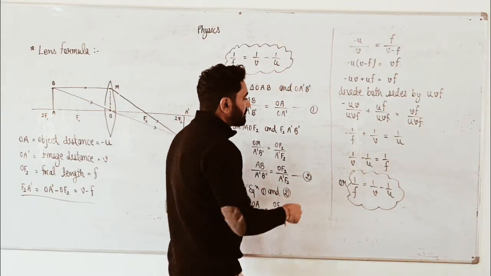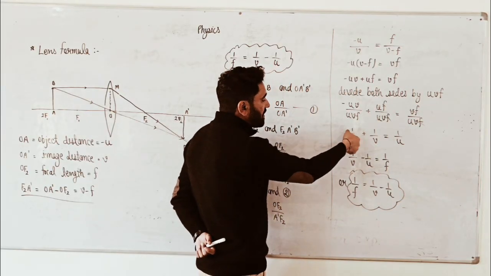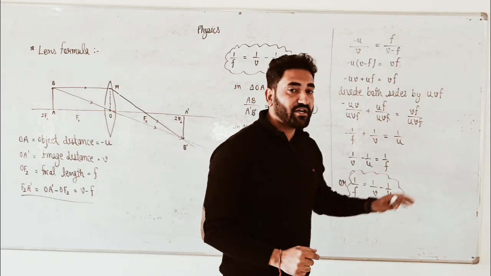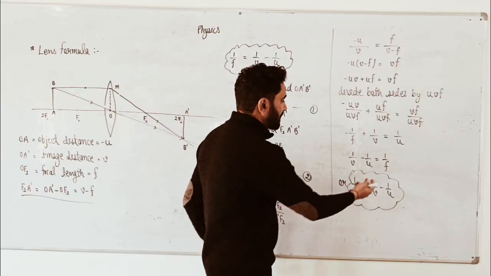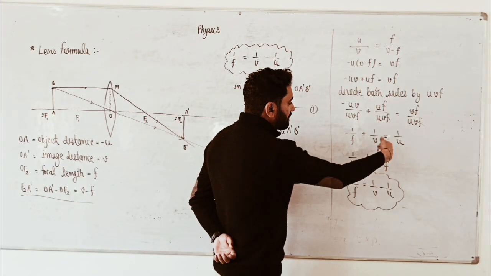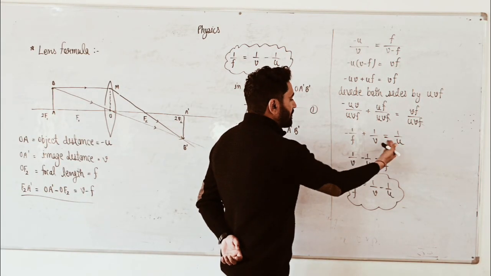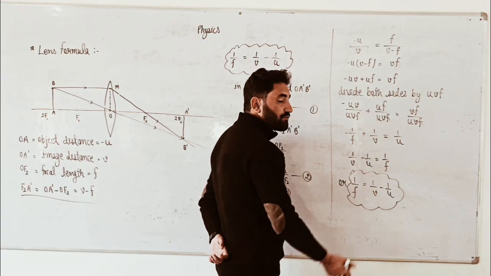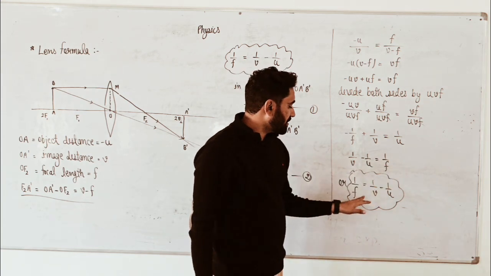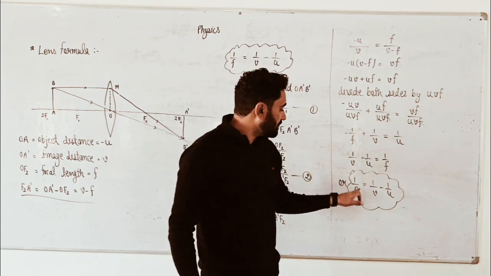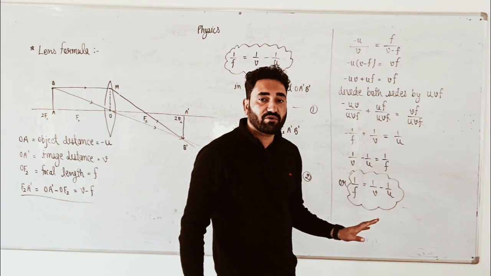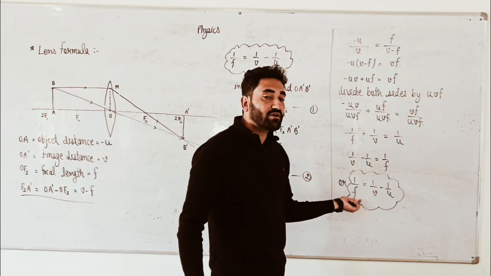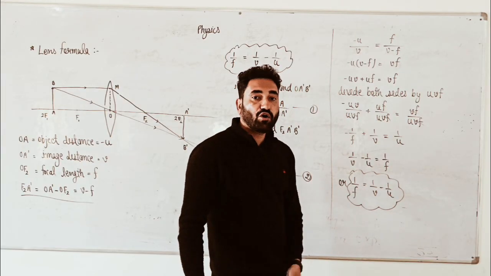So the remaining terms will be minus 1 upon F plus 1 by V equal to 1 by U. If we rearrange this, putting 1 upon F on the other side and 1 by U on this side, then we will get 1 upon V minus 1 upon U equal to 1 by F. If we rearrange it, then it becomes 1 by F is equal to 1 by V minus 1 upon U. So this will be our lens formula, which relates the focal length, image distance and object distance.